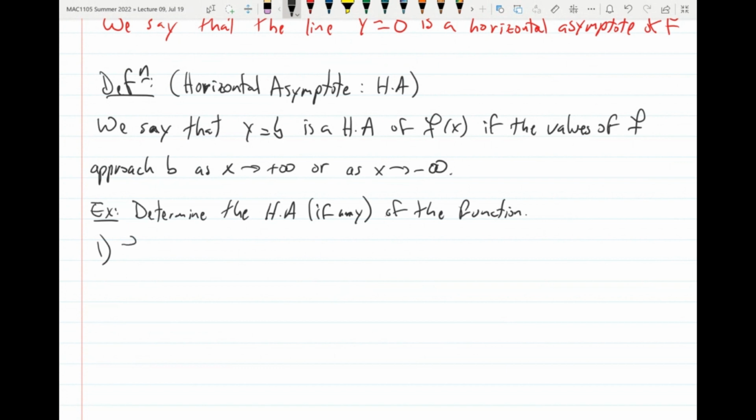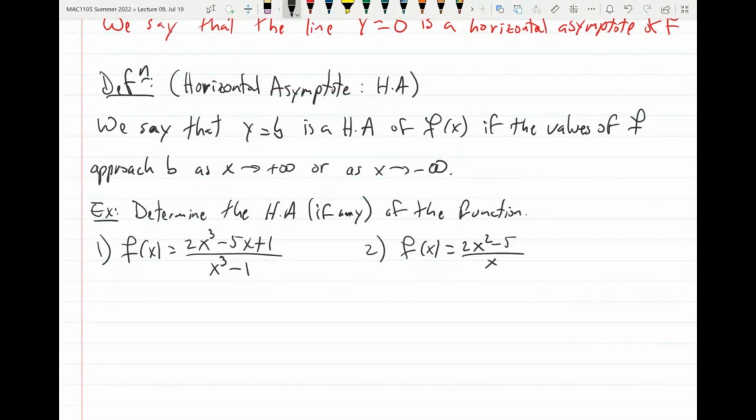And let's see, let's do f of x equals 2x cubed minus 5x plus 1 over x cubed minus 1. And then let's do f of x equals 2x squared minus 5 over x.